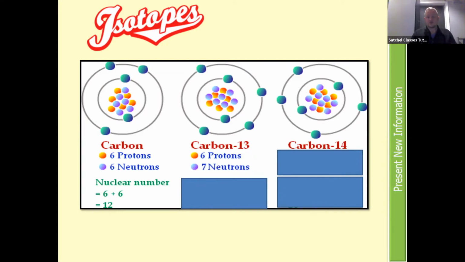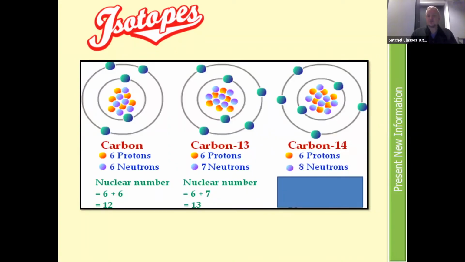It has 1 extra neutron, so it's heavier than carbon 12. That gives it a mass number of 6 plus 7, 13. Carbon 14 has 6 protons and 8 neutrons. Again, it's 2 neutrons heavier now than carbon 12, and so it has 6 and 8, which makes 14.